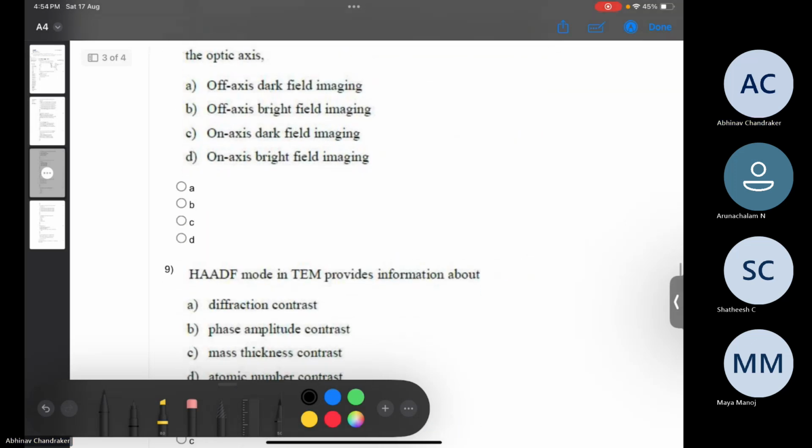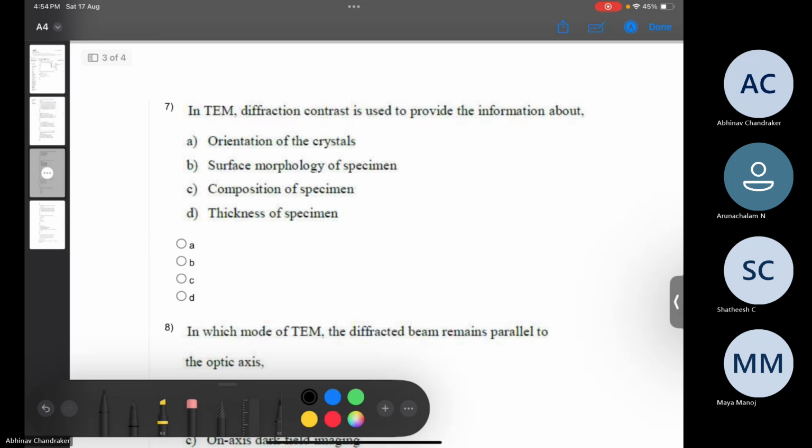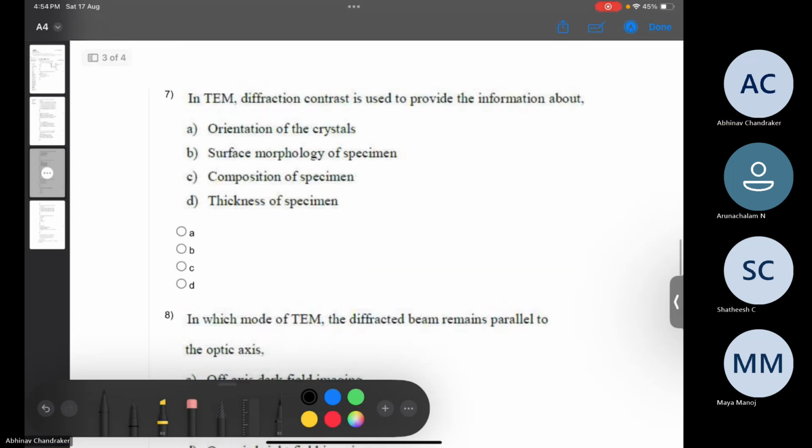You want to guess the answer for 7? Okay, I'll answer it. So TEM diffraction contrast.